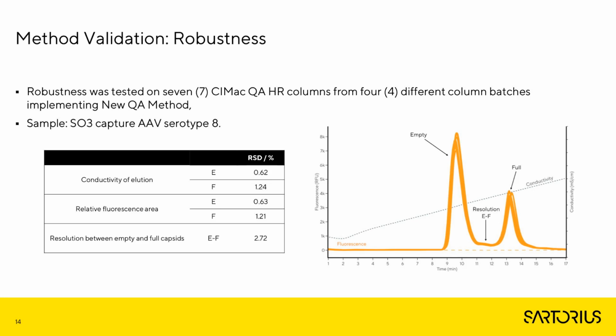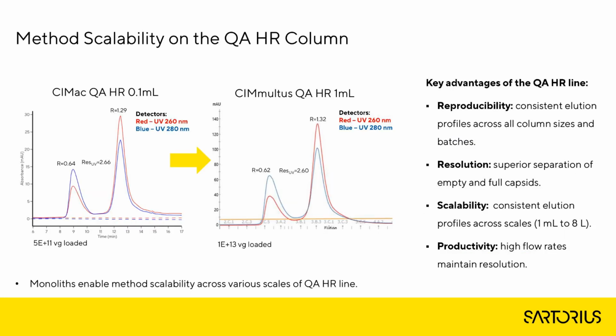We also did the next experiment because we wanted to see how this method is scalable to larger preparative levels. On the left side, I'm showing you the chromatogram for the analytical method, which was performed on a 0.1 milliliter column volume. On the right-hand side is an almost identical elution profile of empty and full capsids on the 1 ml column.